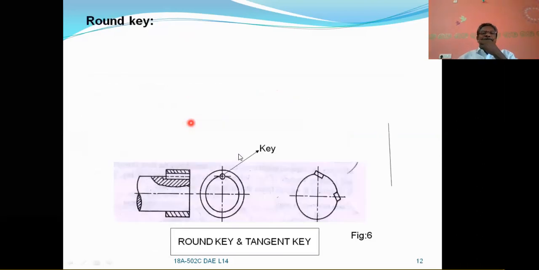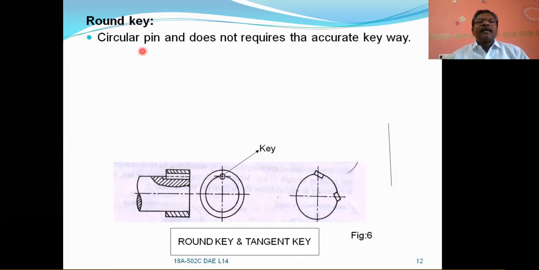And next is the round key. It is just like a pin, a circular pin.